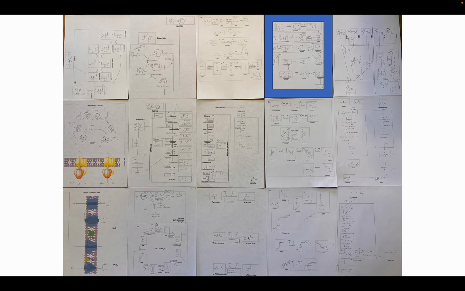Here's the overview on the map so we can kind of see the flow of things. And we're going to take a look in this next diagram at the reactions of PRPP and how it is involved in the synthesis of nucleotides. There's a lot going on in this diagram, but we can see how we start with PRPP and end with IMP or UMP.